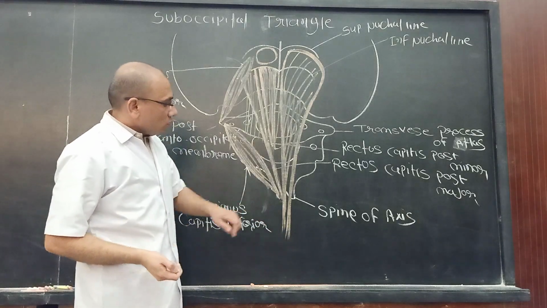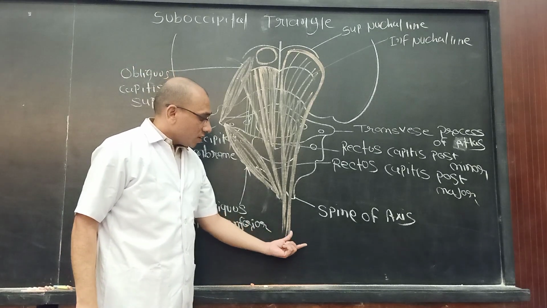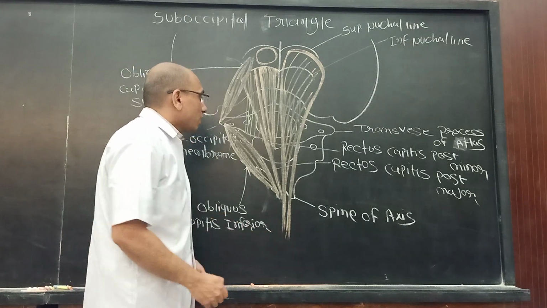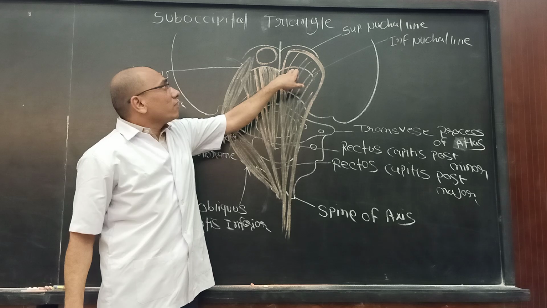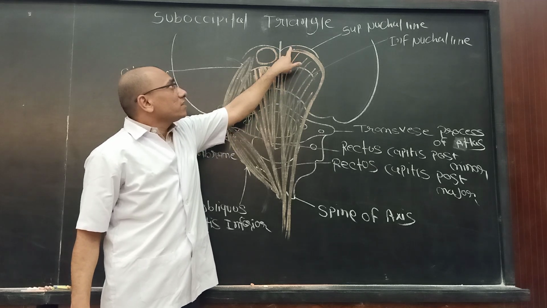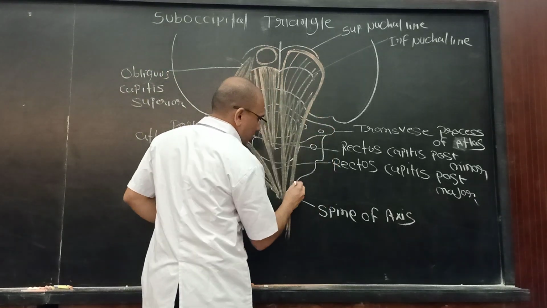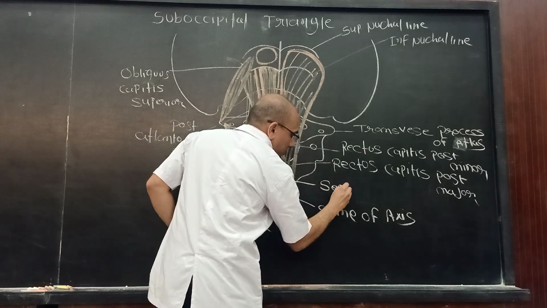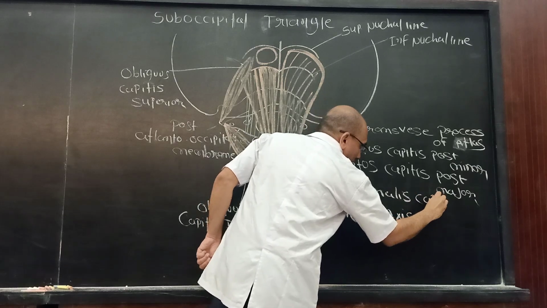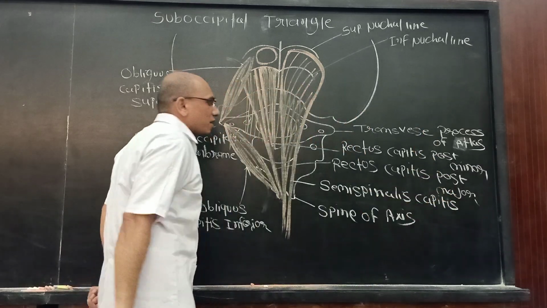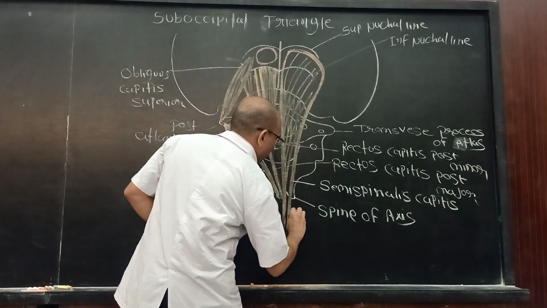This muscle is called semispinalis capitis, which origin from the transverse process and articular process from the lower cervical and upper thoracic vertebrae, and this muscle is inserted between the superior and inferior nuchal line on medial side.